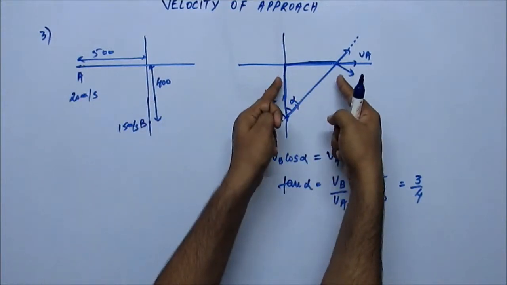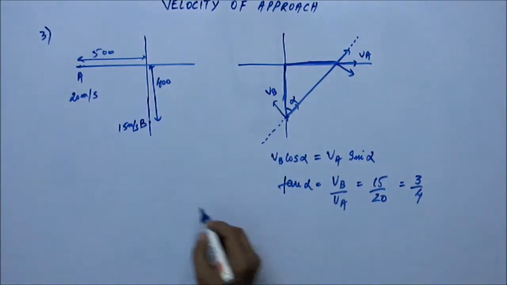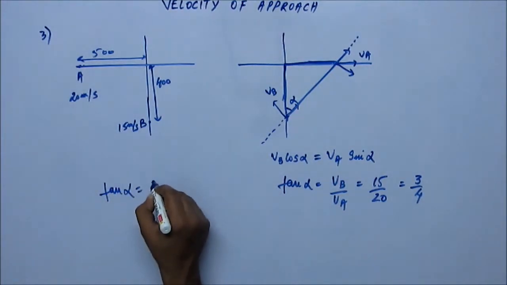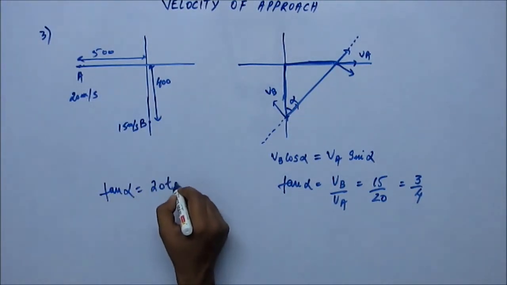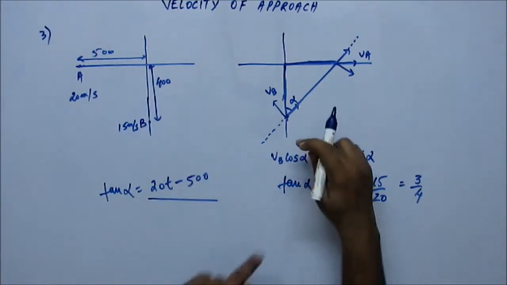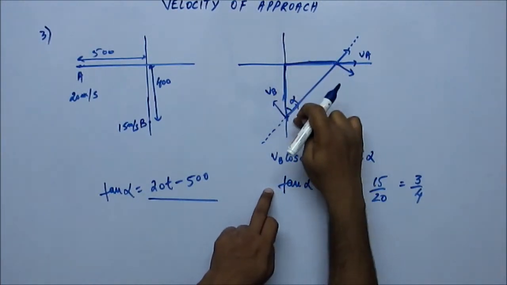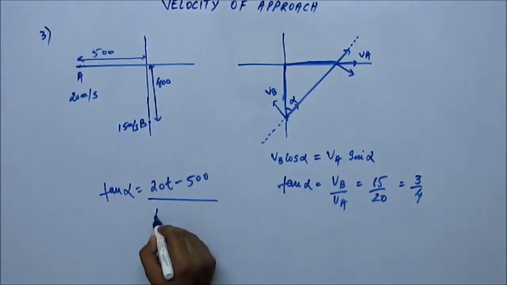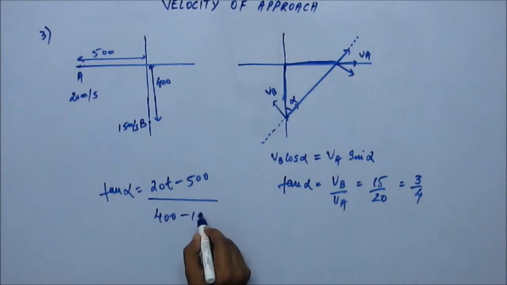So tan alpha would be equal to perpendicular, which would be 20 into t minus 500, upon base. Base would be, the whole distance is 400, distance traveled will be 15t. So this base of the triangle should be 400 minus 15t.